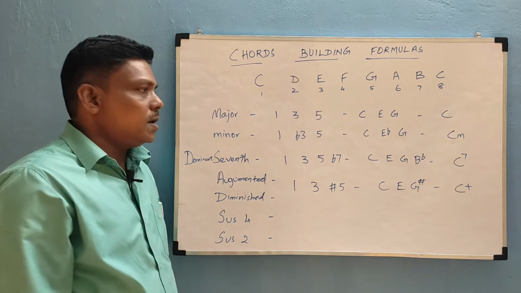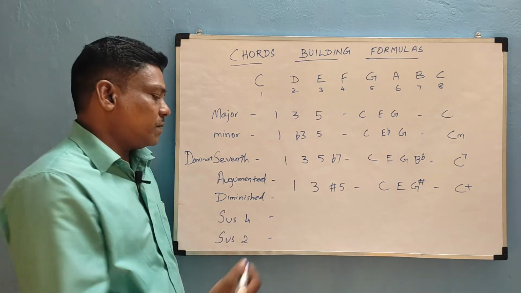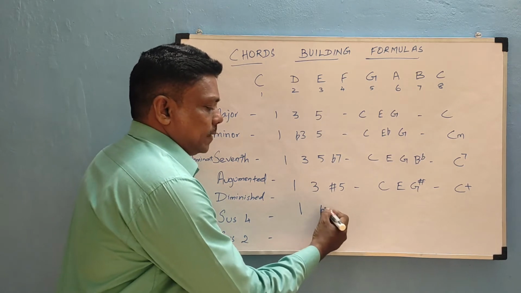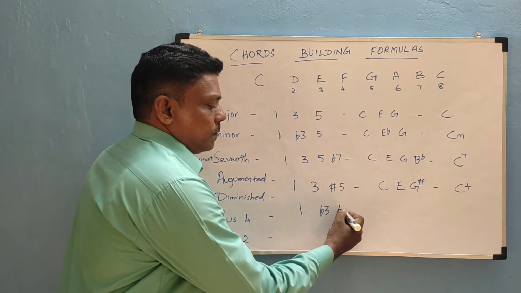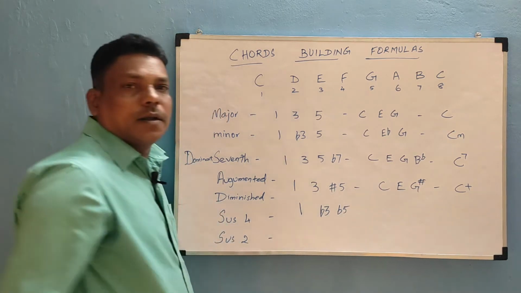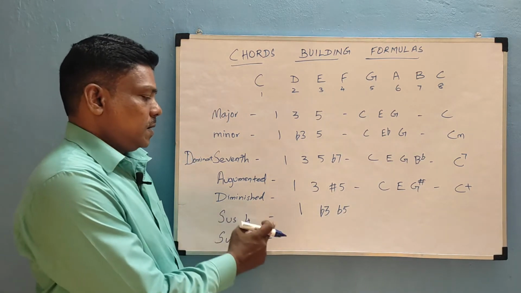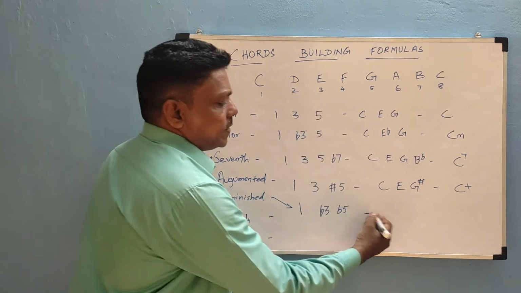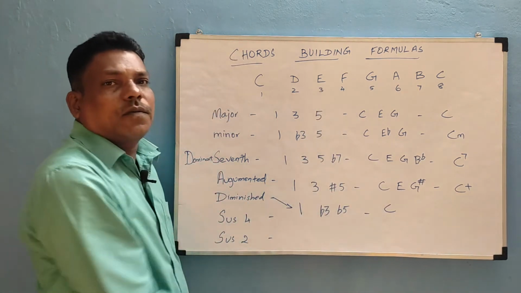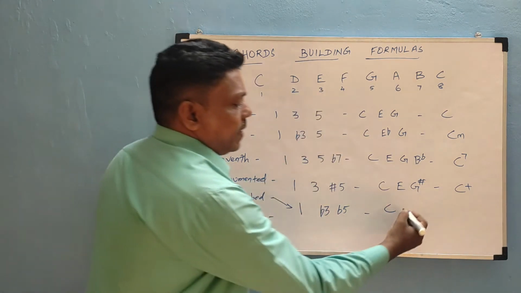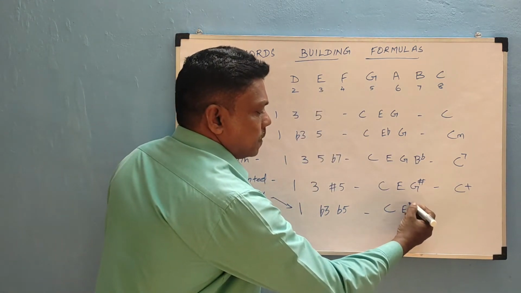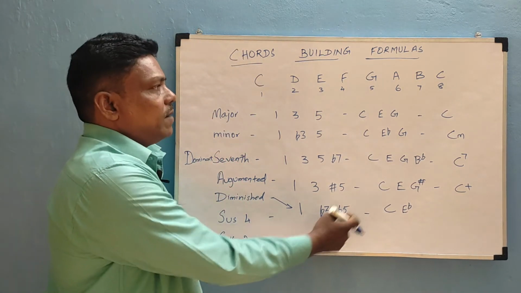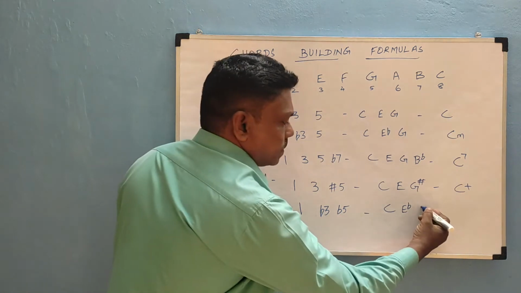Next, let's apply the formula for the diminished chord. For the diminished chord, the formula is 1, flat 3, flat 5. 1 is again C, flat 3 is E flat, flat 5 is G flat.